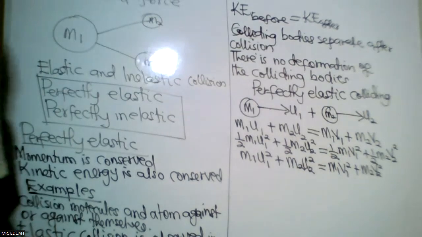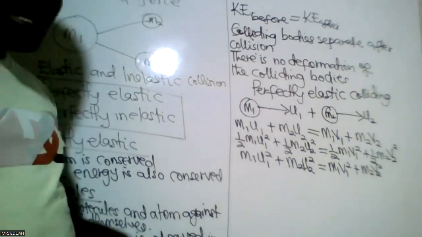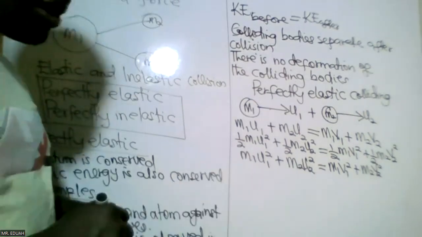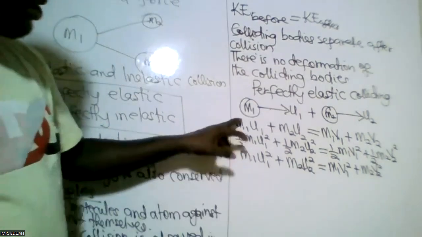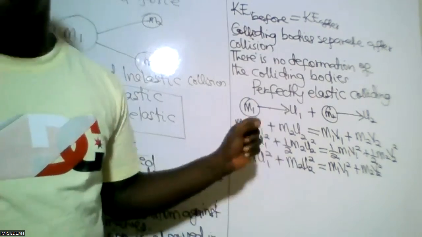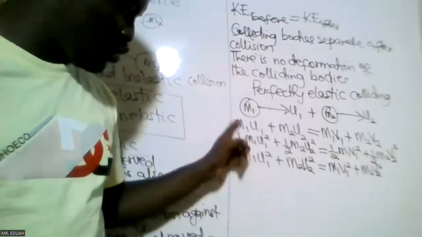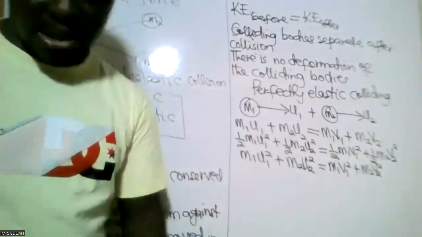So if you are given a question and the collision is perfectly elastic, one way of solving it is writing a conservation equation for momentum and for kinetic energy and solving the two equations simultaneously.